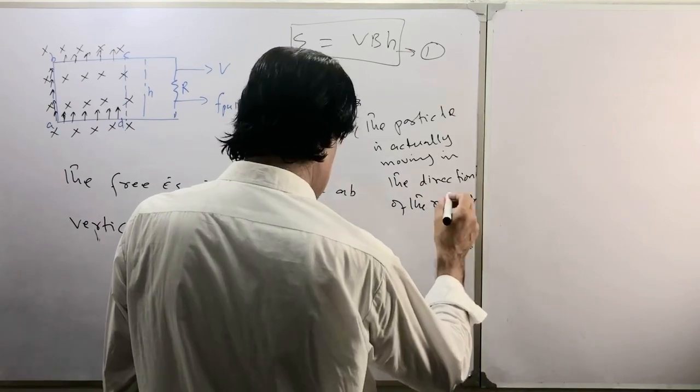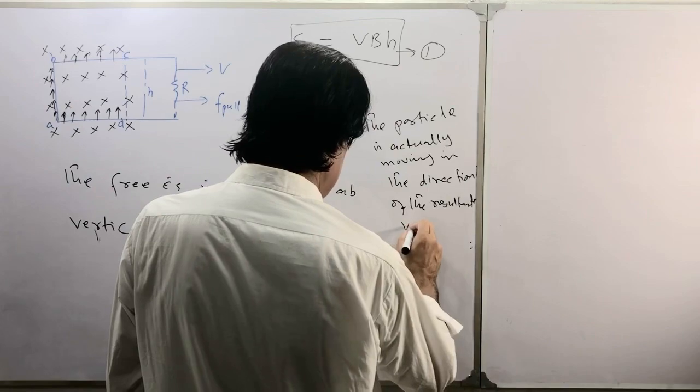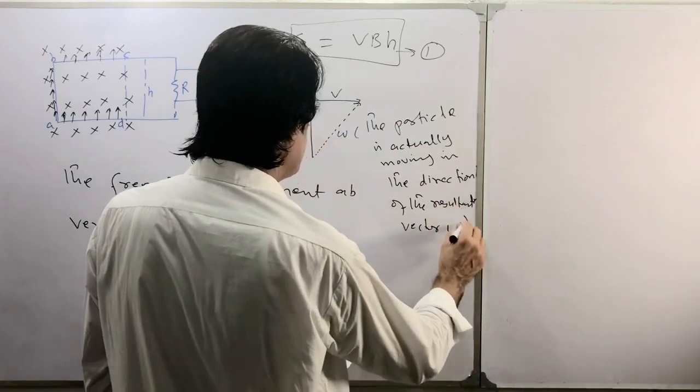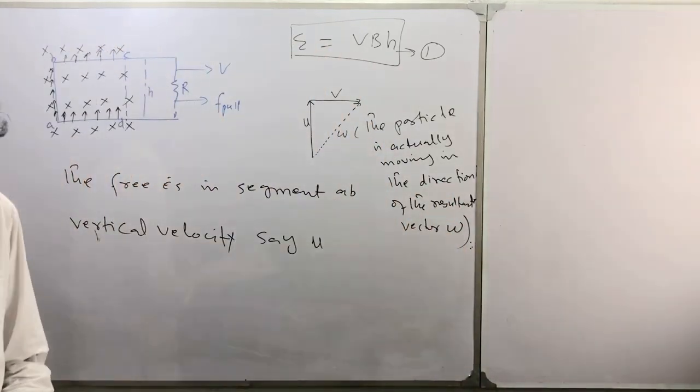This is something like a resultant vector. This is a resultant vector W.